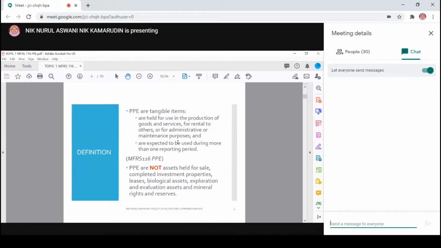However, this standard MFRS 116 does not cover assets held for sale, completed investment properties, leases, biological assets, exploration and evaluation assets, and mineral rights and reserves.